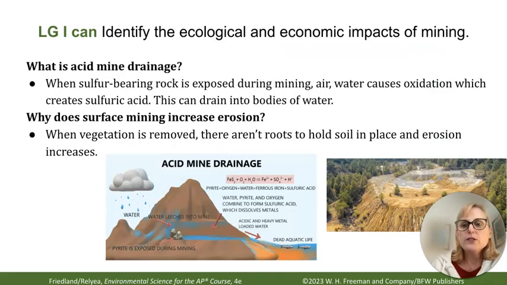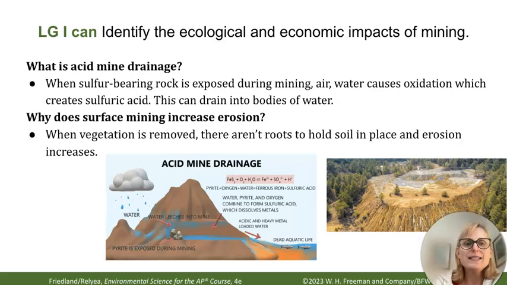All right, a couple of things you need to know. What is acid mine drainage? Here's a little picture. During the mining process, sometimes rocks that have sulfur in them are just exposed. And when rain hits that exposed rock, you get sulfuric acid, which then drains into your surface water and even groundwater.